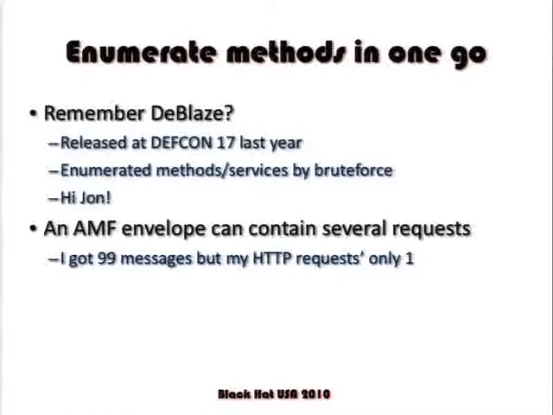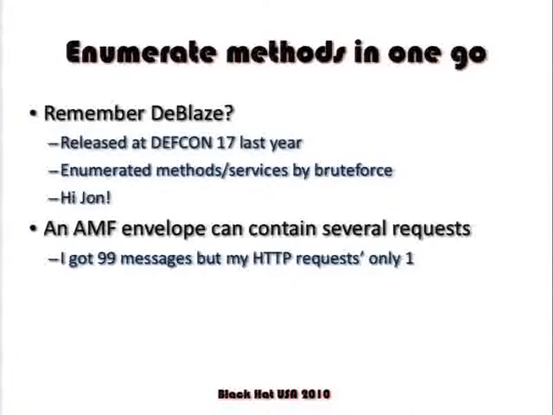So I just thought, hey, why not stuff all those AMF requests in one? And I could do all that enumeration in just one HTTP request. That's one of the cool things I did, as well as assess the entire Flex app in one HTTP request. So you could fuzz the entire app. Hopefully it doesn't break halfway through your requests. But it's one of the things you could do really easily with a couple lines of Python.